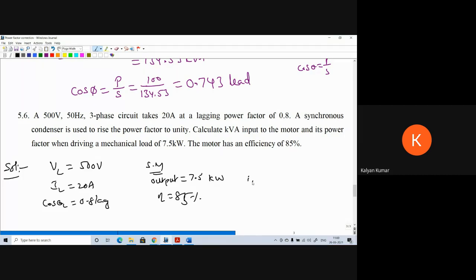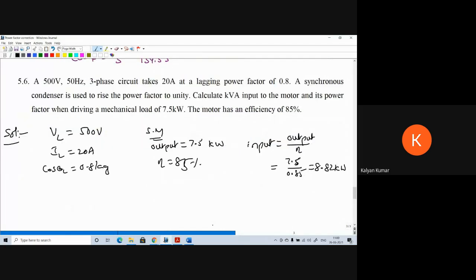Therefore, input equals output divided by efficiency: 7.5 divided by 0.85. How much? 8.82, sir. 8.82 kilowatts. Now, this is the real power of the synchronous motor.